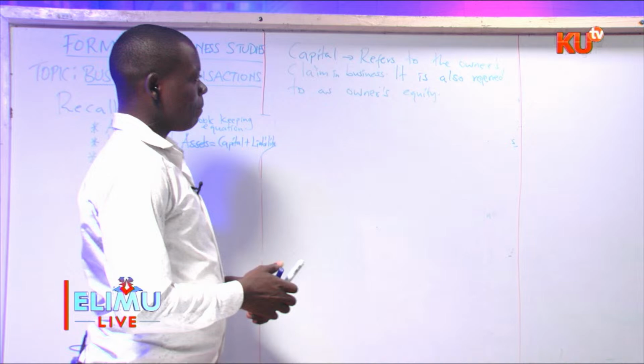Therefore, when the selling price is less than the cost price, students, what we attain is a loss. Later on, when we shall be discussing more about losses, losses are part of expenses. So in this case, losses have the effect of decreasing capital.